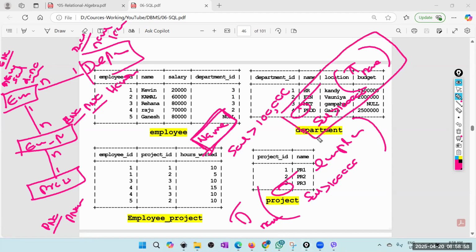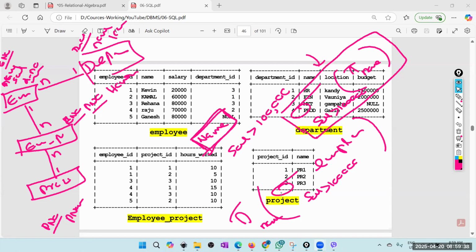Actually, this statement is wrong. You need to tell me why it is wrong. Think about it and tell me why it is wrong. So what does sigma mean here? Sigma is selection, which I already explained.